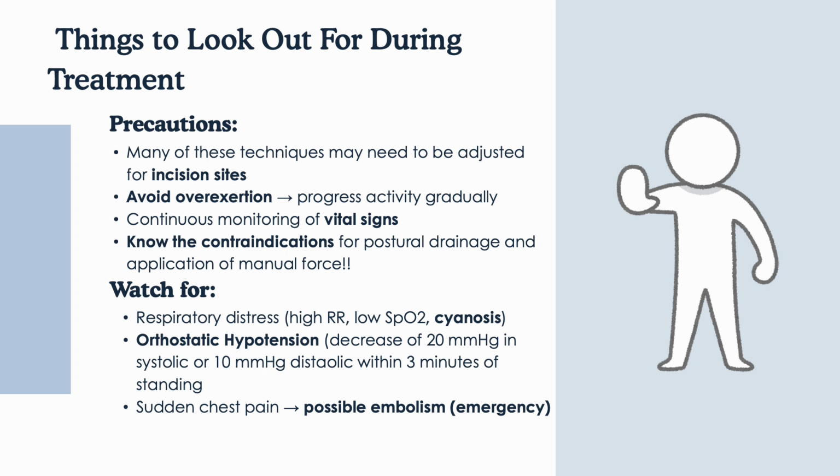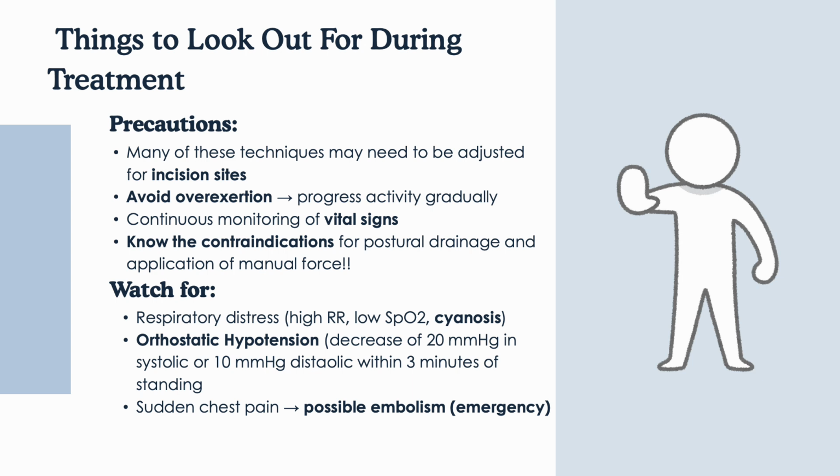We also want to be careful with our application of manual force. So, for example, with patients with rib fractures or osteoporosis or chest trauma, we're obviously not going to apply manual force to their chest.